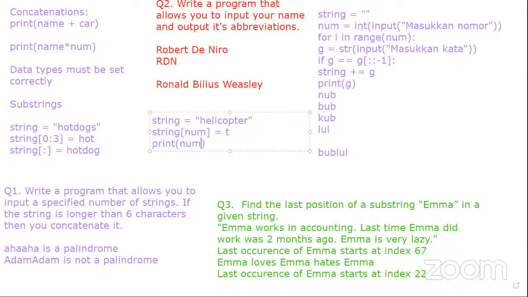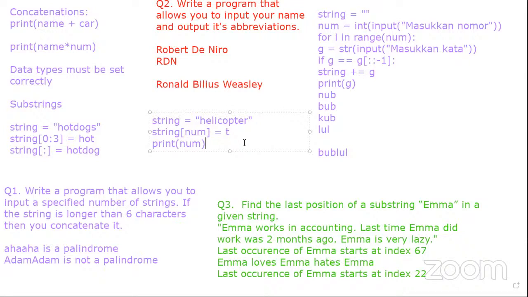Basically, you just print the variable value inside the substring that's pointing to it. Do you get what I mean? So you're basically saying string num equals t, and then you print whatever it happens to be.